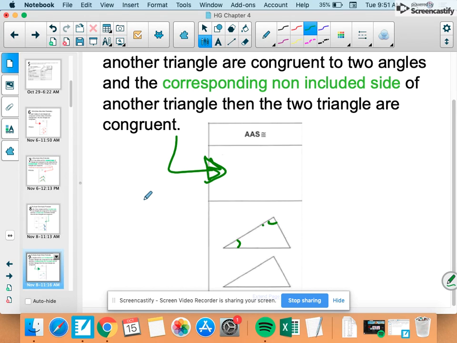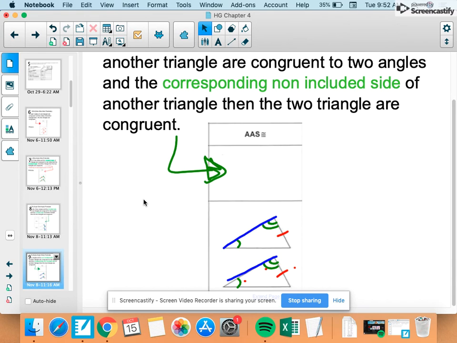If we did these two angles here, this would actually be the included side, the blue part there. It doesn't matter which side, we'll just do this side for the picture. So it would go angle, angle, side. That's the non-included side, and it could have been the other non-included side as well. If that is the case, then the triangles are congruent as well.